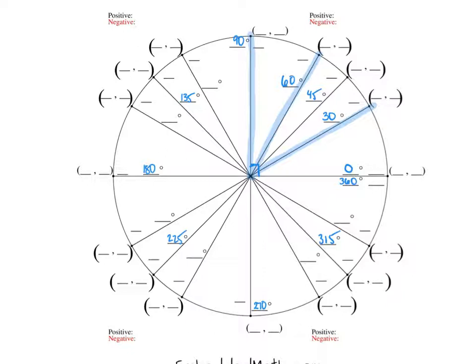So you can keep going around thinking, okay, 30 degrees, 30 degrees, 30 degrees, all the way around. Or if you're looking at a specific quadrant, you can also think about it like this. From here to here, it's 30, 15, 15, and 30.